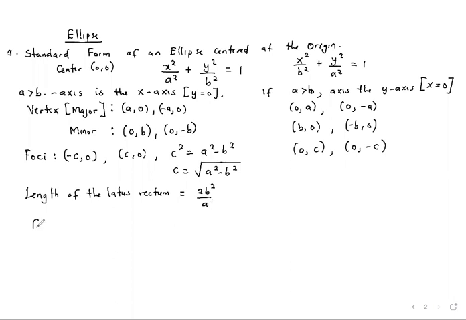Then the eccentricity is given by c over a, and as you can see, c is this one, so you can also write this as the root of a squared minus b squared over a.